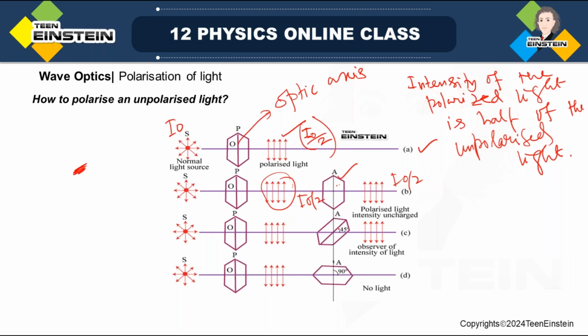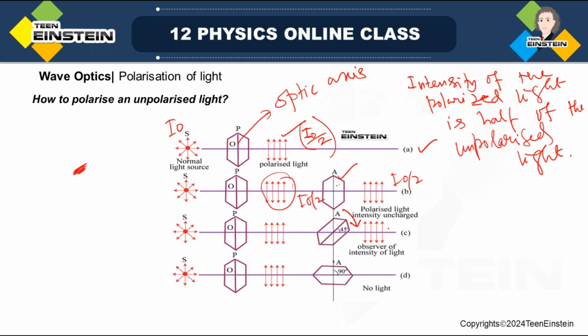Now if you rotate this analyzer about the incident direction of the light, then you will see a variation of intensity of the light which is passing through the analyzer.